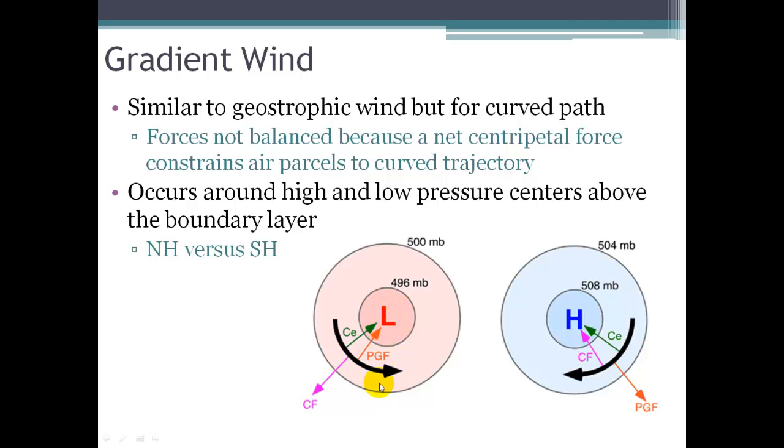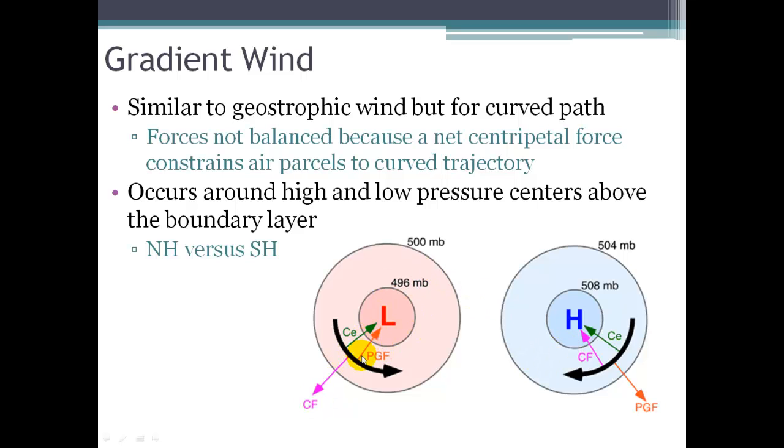So we have a balance of three different forces. On one hand, the pressure gradient force and the centripetal force are pulling things inward towards that low pressure cell, and they're balanced by the Coriolis effect, which is pulling the winds outward.